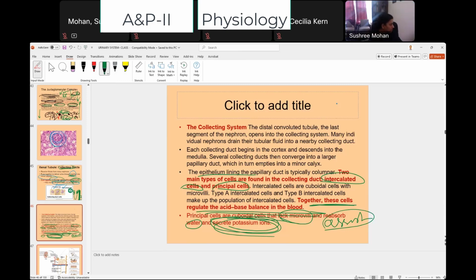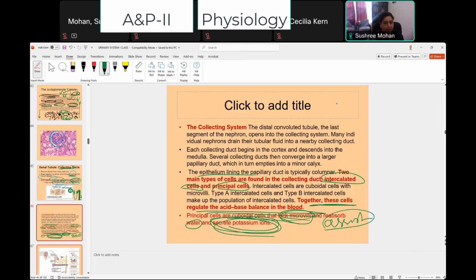So the collecting duct has two types of cells. One is an intercalated cell, the other one is principal cell. And remember, these cells do acid-base balance in the collecting duct. Now, they don't have microvilli, which means they don't do reabsorption. They do very little reabsorption, and that is through assistance.